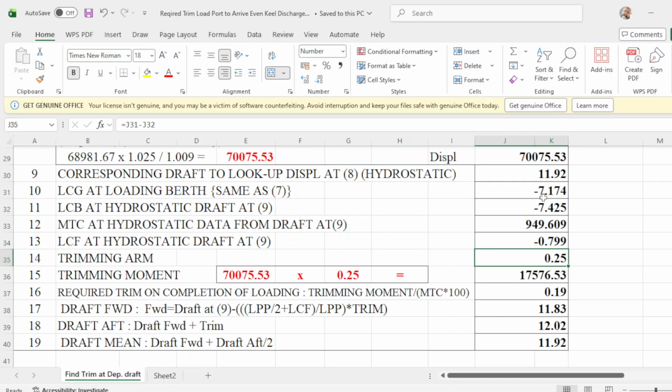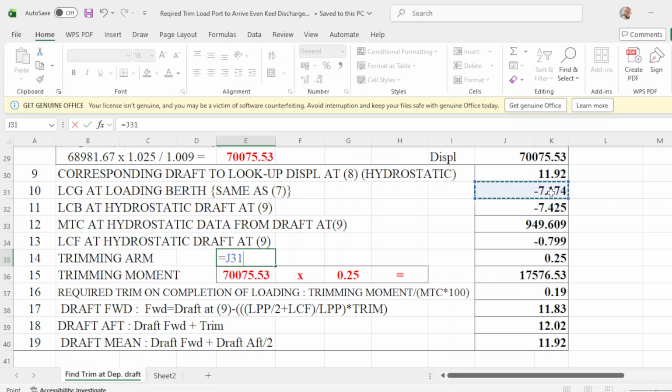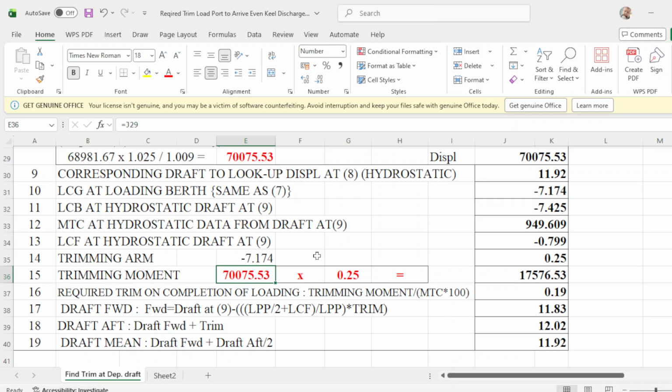So negative 7.174 minus negative 7.24. So I will just write it here. That will be equals, make it equals here. There. Then put here minus. And put here equals this one.